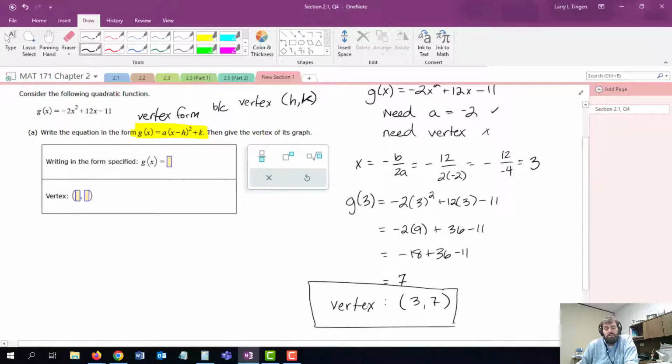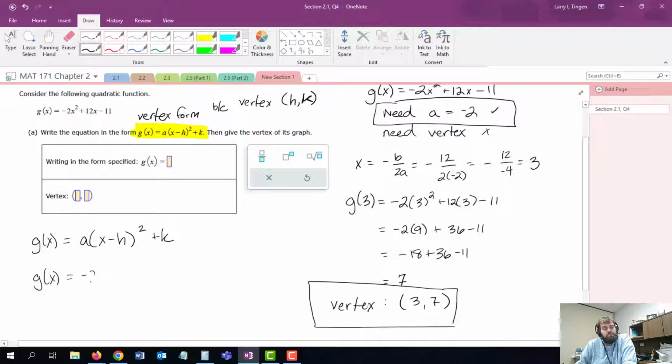So I know the vertex. I know the leading coefficient, or I know a. So g of x, I need to write it in the form a times x minus h squared plus k.